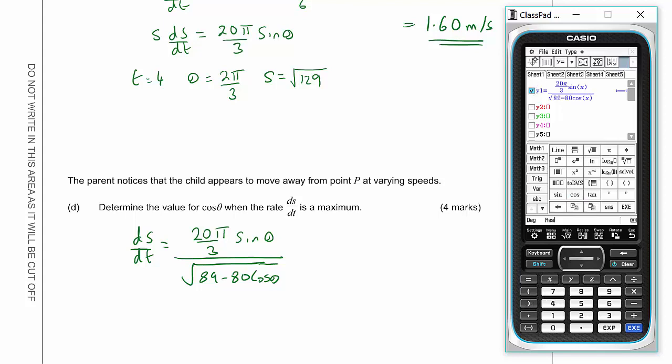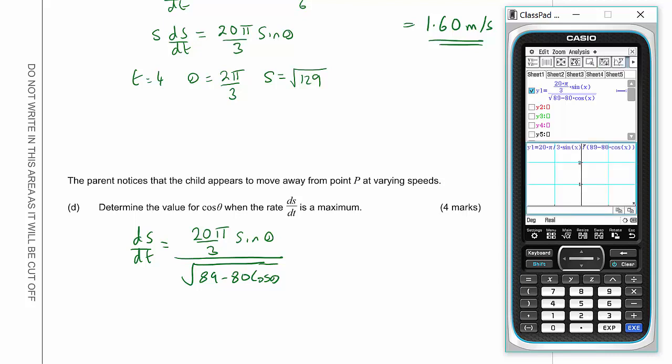Okay, let's see what happens if we graph that. We need to be in radians, obviously.